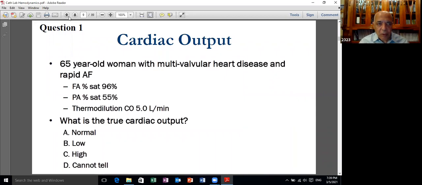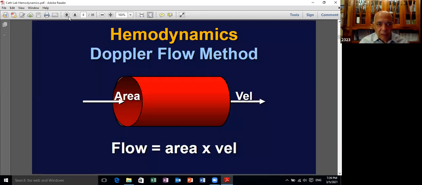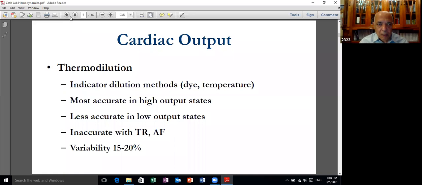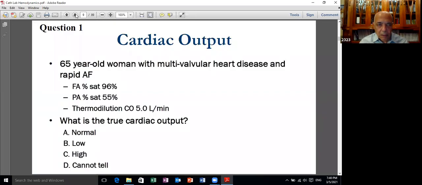So if you look into this question, the normal pulmonary oxygen saturation is somewhere between 70 and 80%.